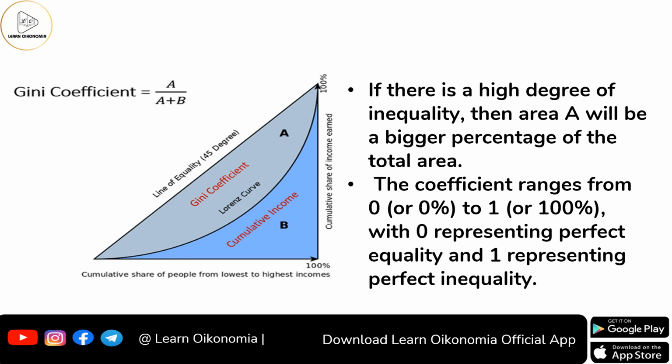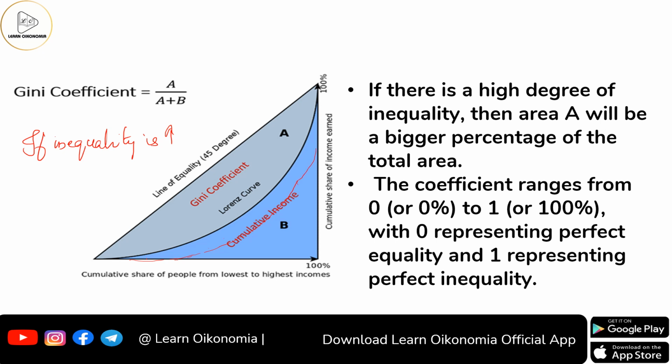What about if you have a high inequality situation? If inequality is high, A will be a bigger area. So A can be something like, it would come from here to here.